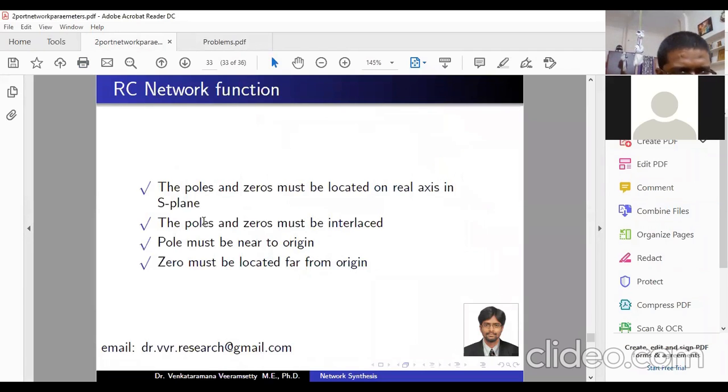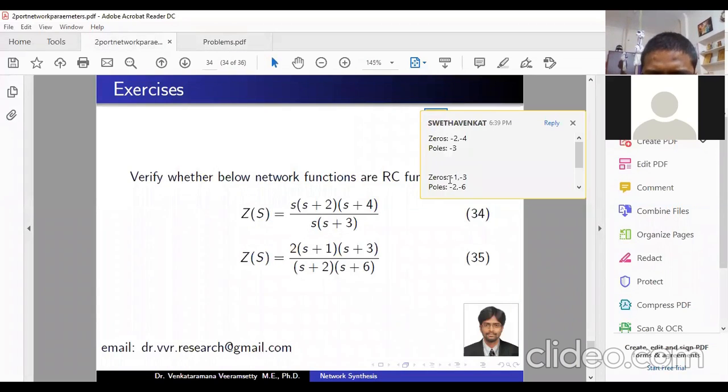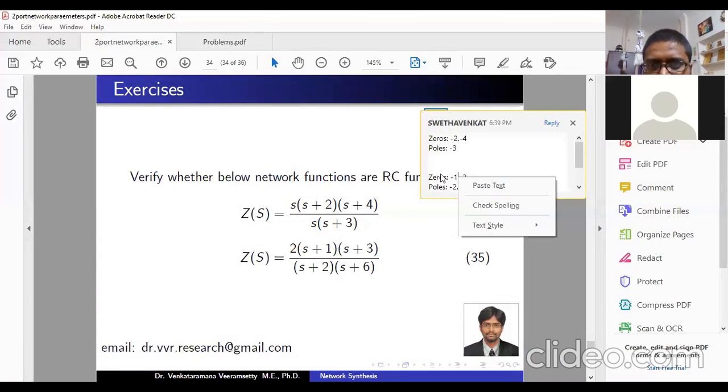As per the properties, the pole must be near to the origin. So this function is not an RC function.